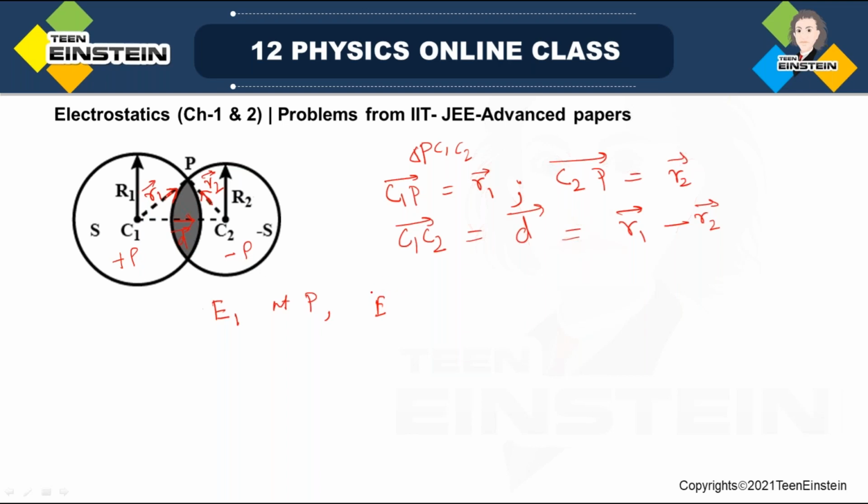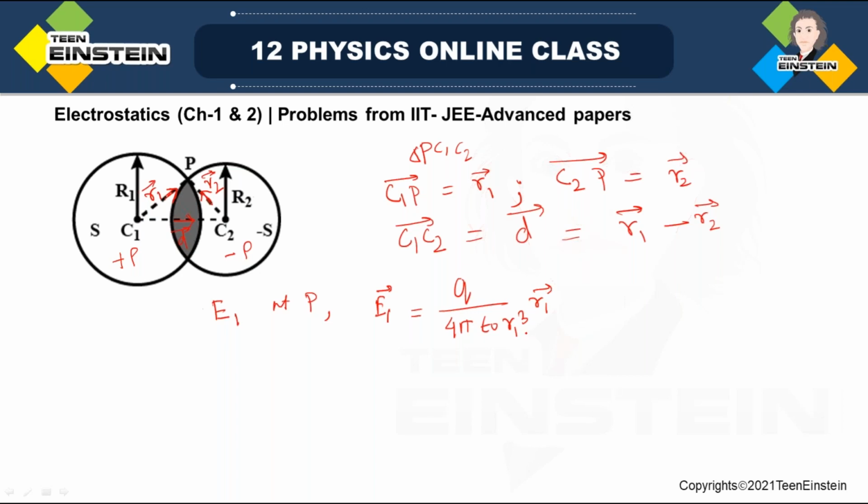Since it is a point charge, we can write Q by 4 pi epsilon naught r1 square. If I want to write in terms of vector, it will be r1 cube, r1 vector.